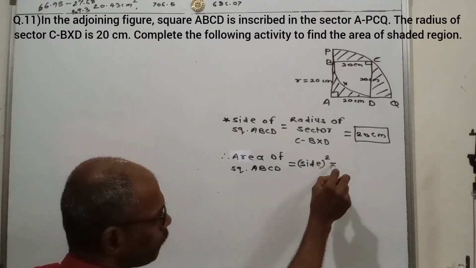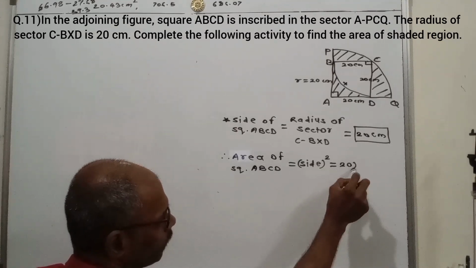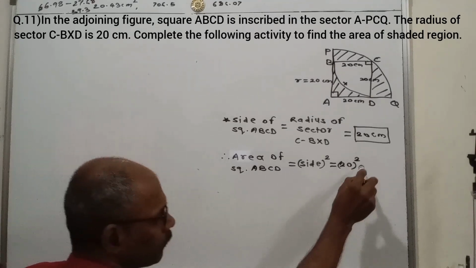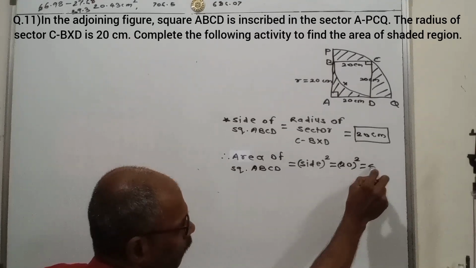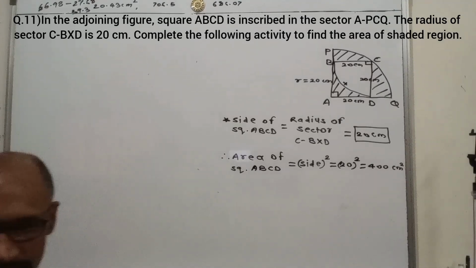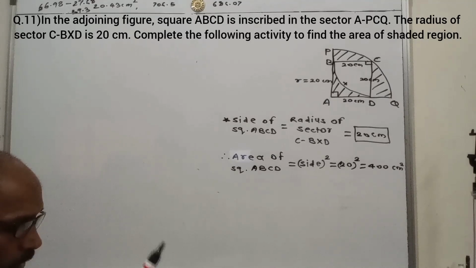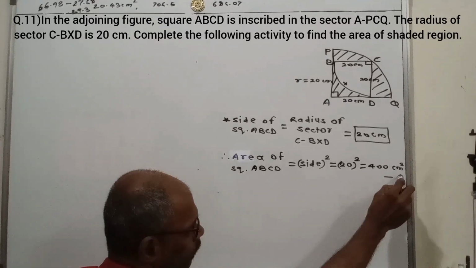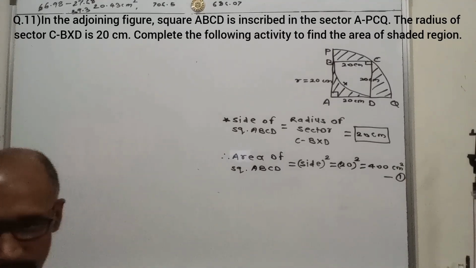What is side? 20 centimeter bracket square. Therefore 400 centimeter square. Did you get it? This is area of square. This is our equation number 1.